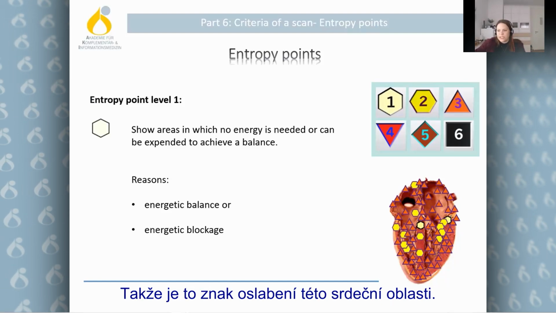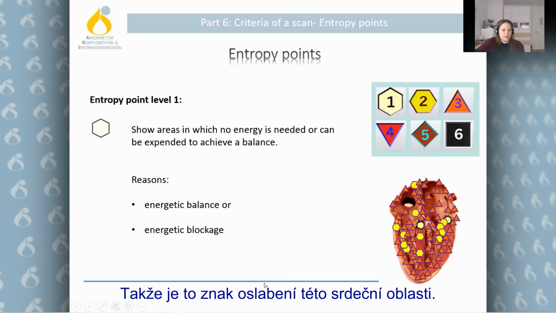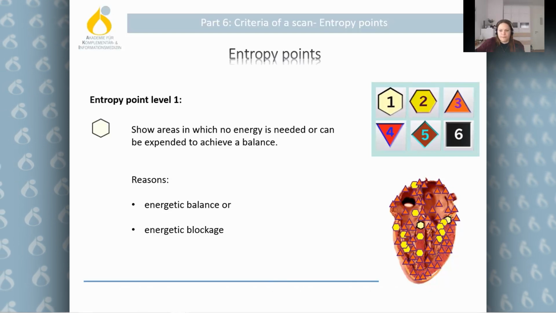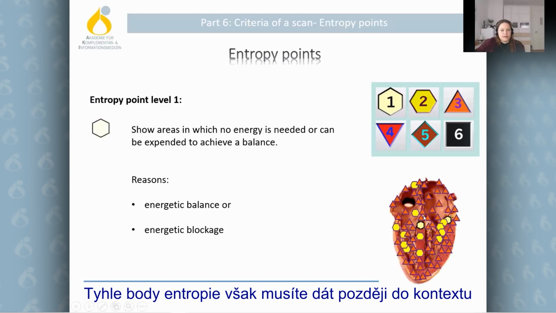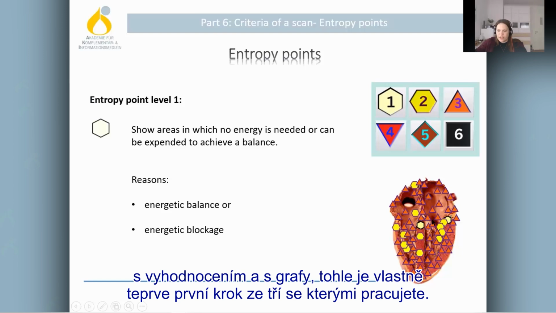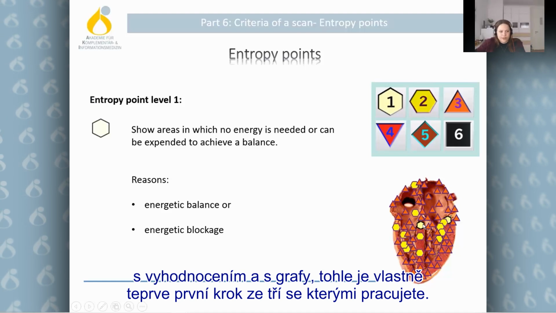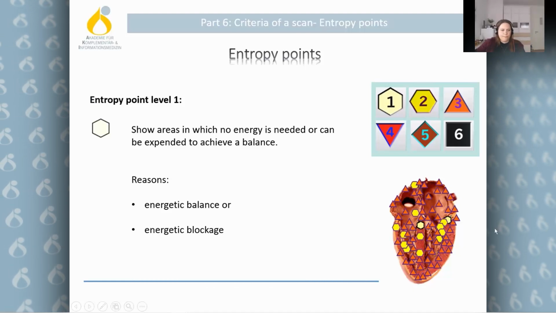So it's more a weakness of this heart area. But these entropy points you will bring together with the evaluation and the graphs later. So this is just the first step of 3 criteria we talk about today.